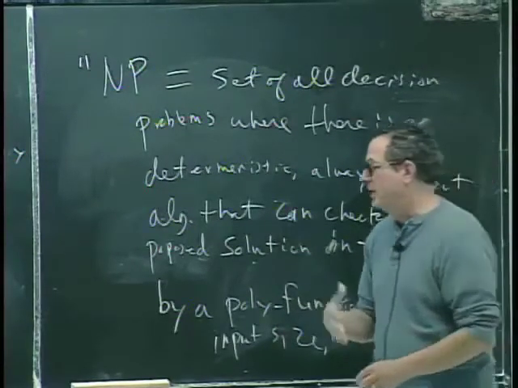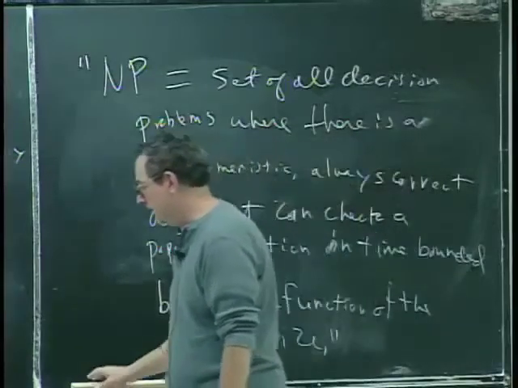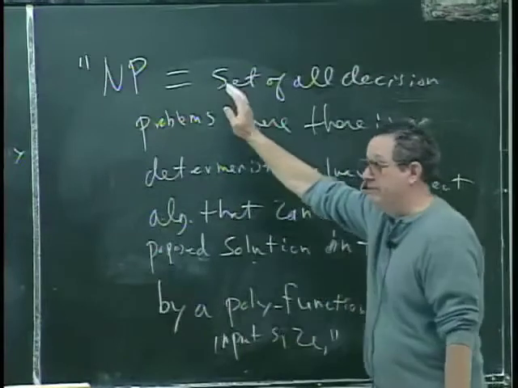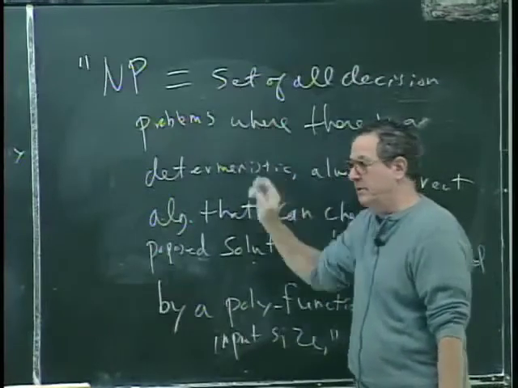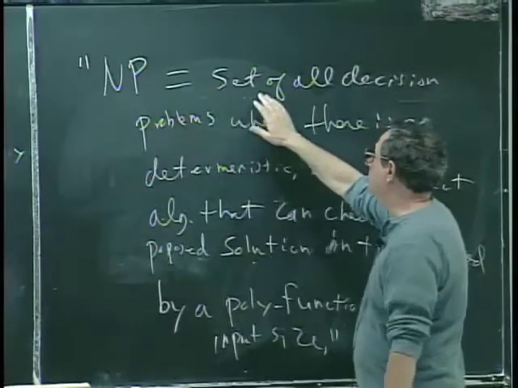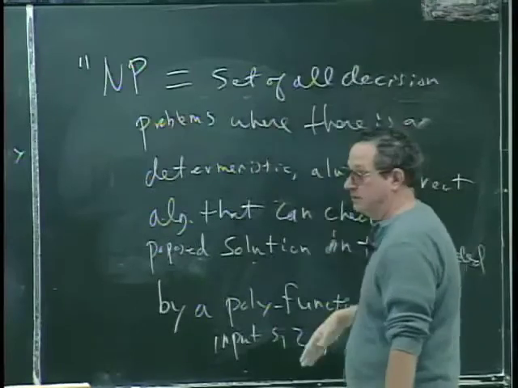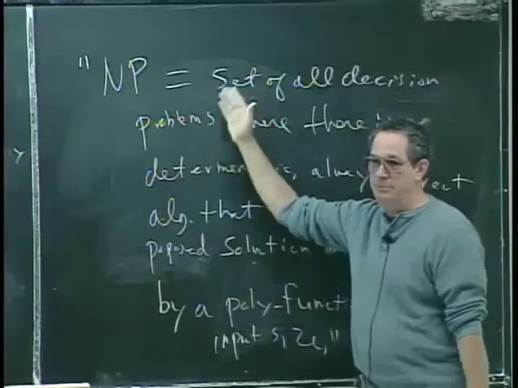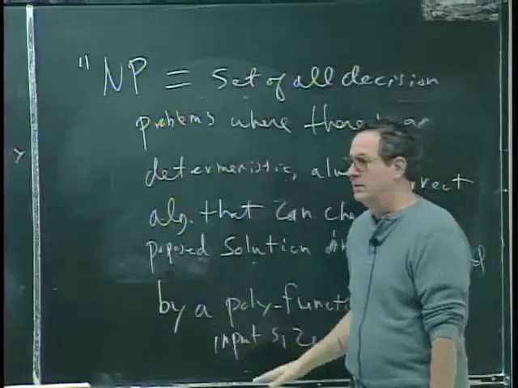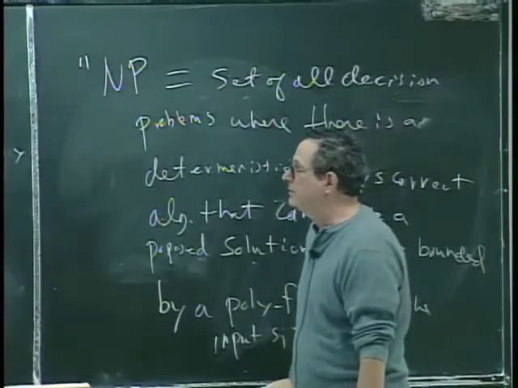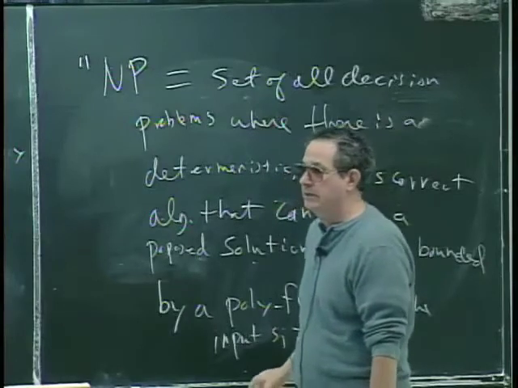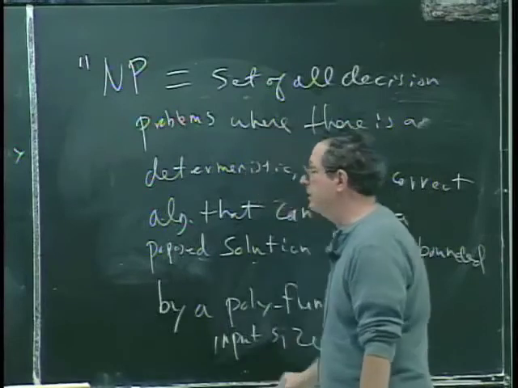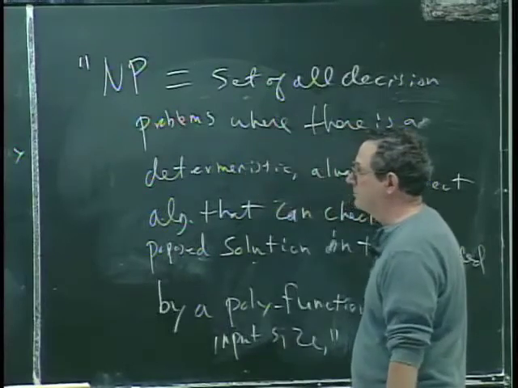So I can't say every problem is in NP, although actually primality is in NP, but we won't get to that. When we properly define NP, it'll be more plausible. But right now, NP is roughly this. Most problems are clearly going to be in NP because they satisfy this, and some problems are not obviously in NP, but when we give a more precise definition, it'll be more plausible that they are.